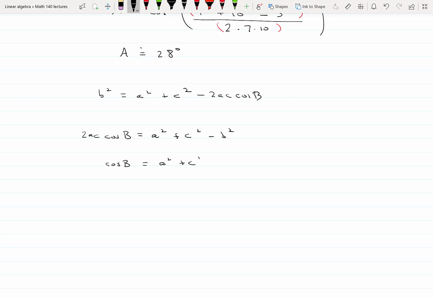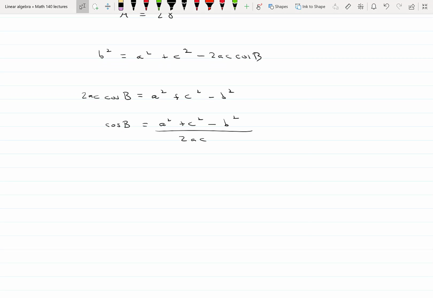So cosine of B equals a squared plus c squared minus b squared over 2ac. And the last thing I would do in my calculator would be to take the inverse cosine.